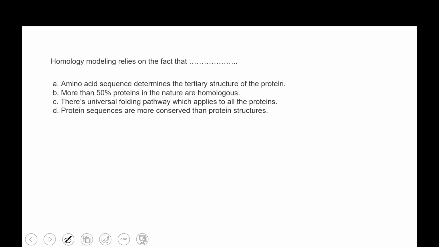Homology modeling refers to, suppose you have a protein and you know the function and everything, and you have the structure of the protein. Now you find a similar protein in another organism. Based on that sequence of the protein, you make a homology model that is matching with the known protein. So that is homology modeling. So, it has been asked, based on what fact is it done?